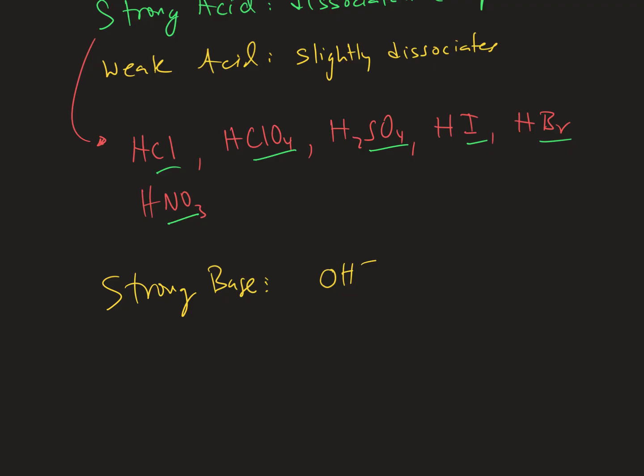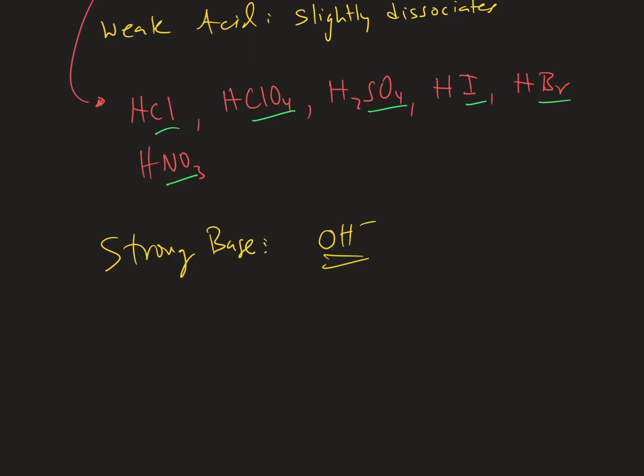When it has soluble ions in it, like group 1 ions. Some group 2 ions are exceptions to OH minus. We didn't talk about the exceptions, so for this class, we're going to keep it simple. We're going to say, if it has an OH in it, it's a strong base. Fair enough? There's a little bit more to it than that, but we're not going to worry about it here. Good?